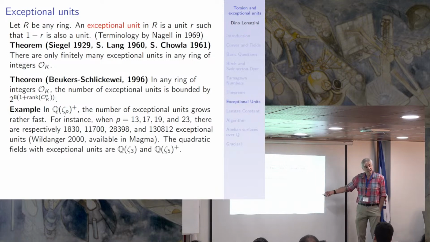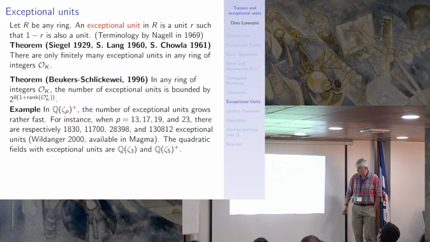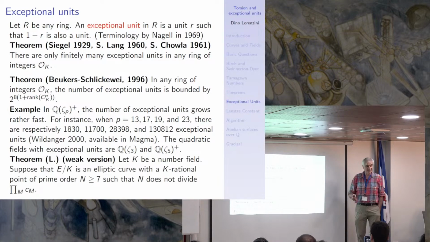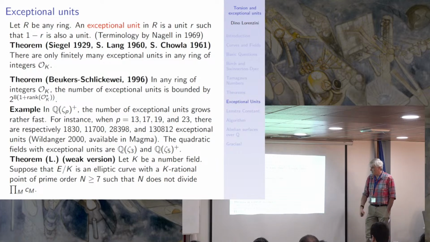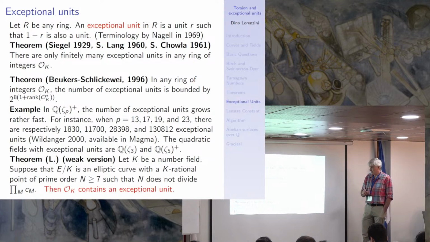And for the quadratic fields, there are only 2 fields that have exceptional units, Q(zeta_3) and Q(zeta_5)^+. And my next theorem says what I said orally: if you take a number field and an elliptic curve with a K-rational point of prime order n, at least 7, such that you're in a situation where you don't have divisibility, then O_K must contain an exceptional unit.